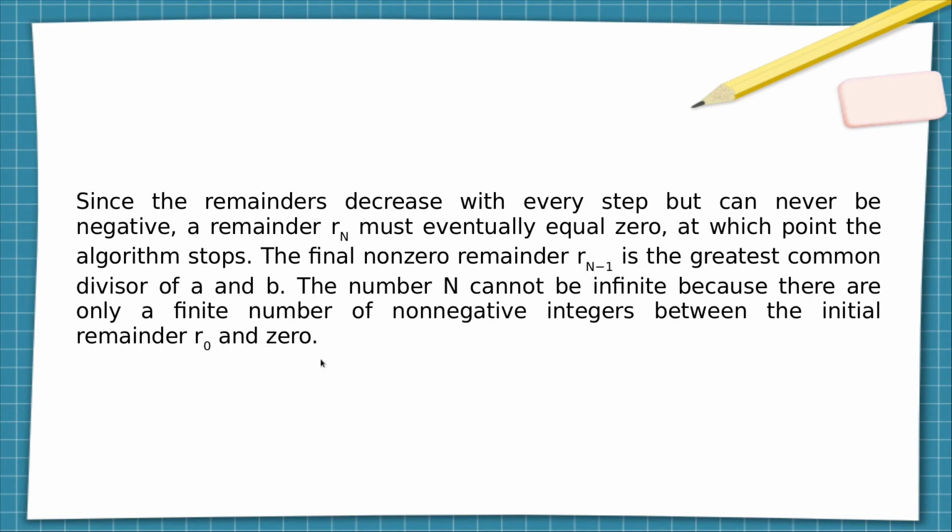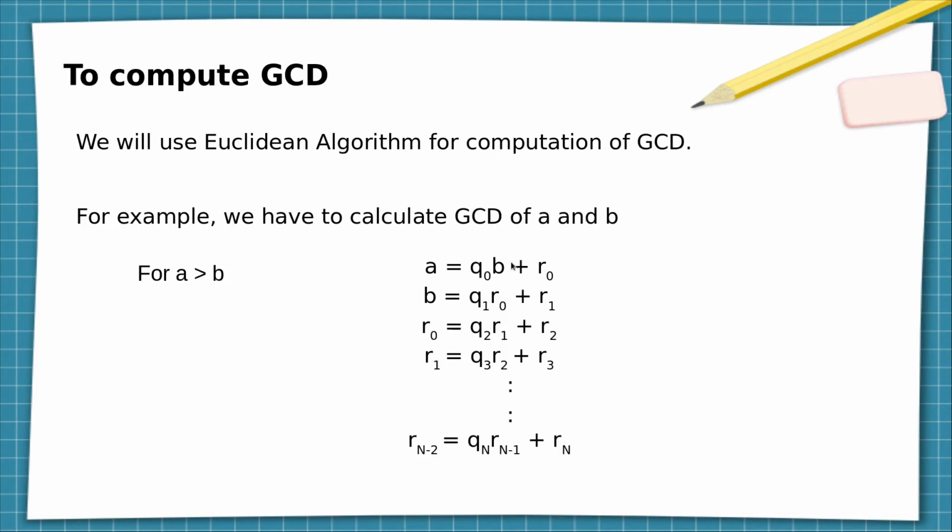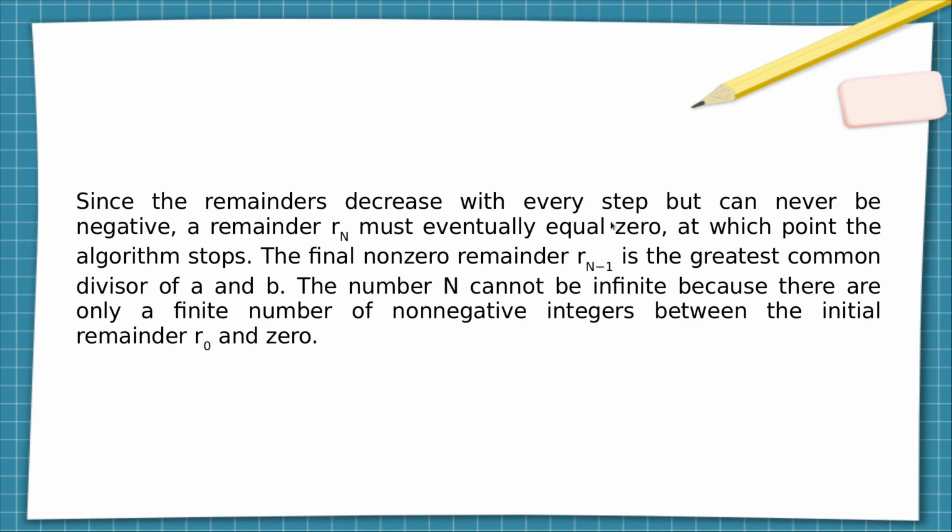Since the remainders decrease with every step, after each step the remainder will be decreasing, right? But can never be negative. So a remainder Rn must eventually equal 0, at which point the algorithm stops.